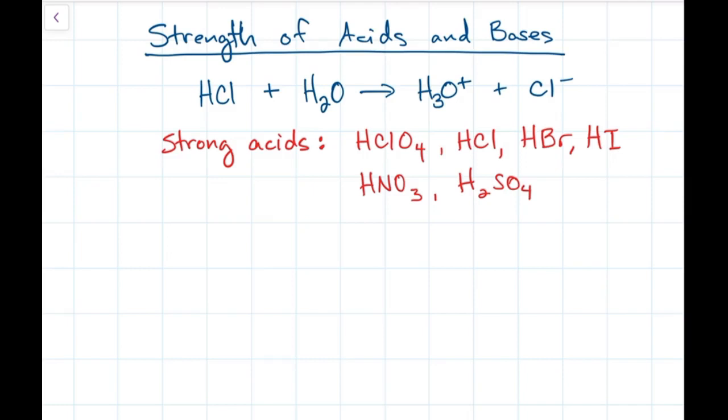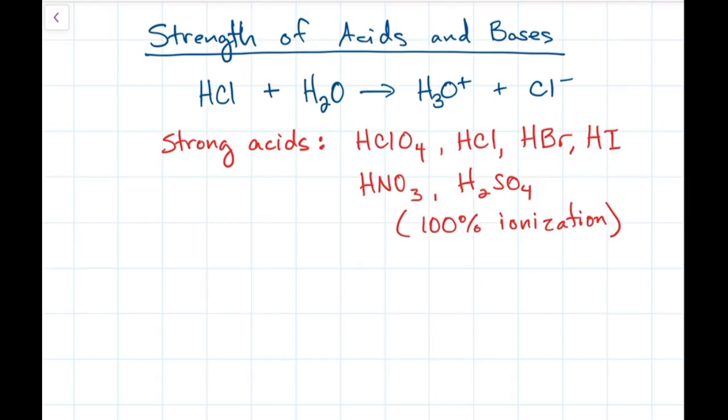Then again, the big thing is that you understand that this happens at 100% success. So all of the perchloric acid molecules that I put into water turn into, in this case, hydronium and perchlorate ions. So another way of saying that is just to say that these things ionize 100%, 100% ionization.